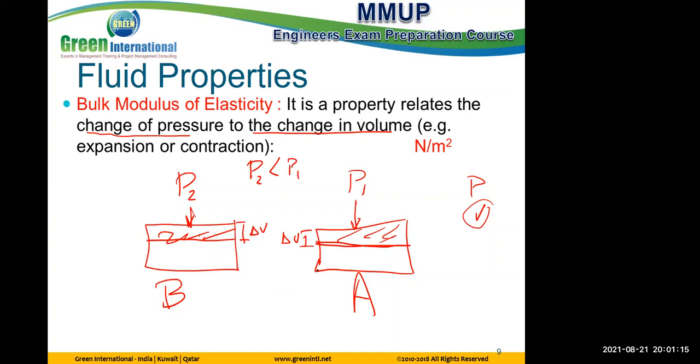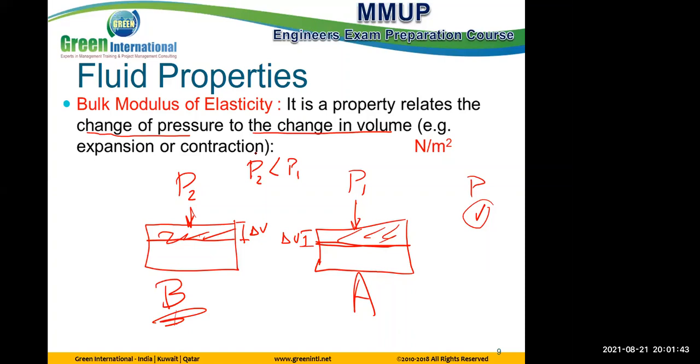One of these materials is easier to compress than the other, correct? Which one is easier to compress? B. Why? Because it needs less pressure to make the same change of volume, correct?